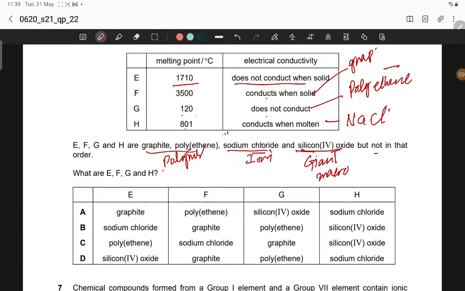Yes, graphite conducts electricity. Does not conduct when solid: this could be silicon dioxide.